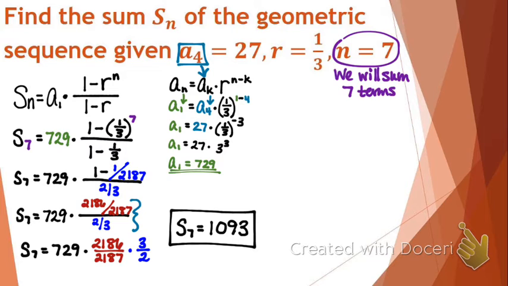If my numerator is a 1 and my denominator gets bigger and bigger, the whole thing gets really close to 0, so I'm doing 1 minus something super tiny. So that numerator basically simplifies to a 1 if I'm looking at an infinite number of terms, as long as my r value is a small number.